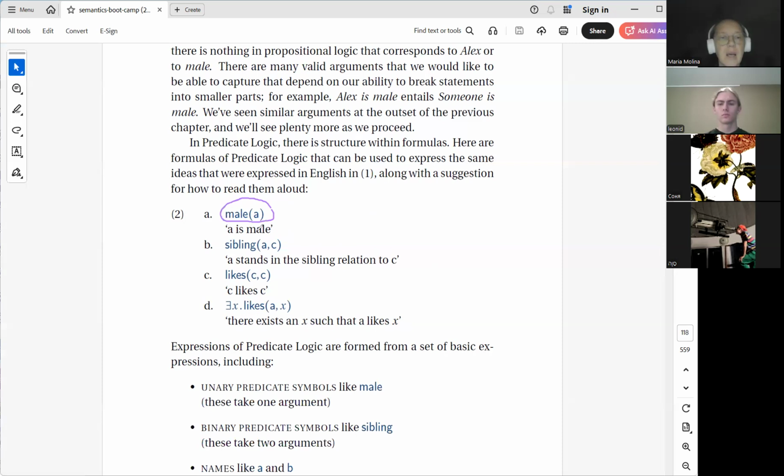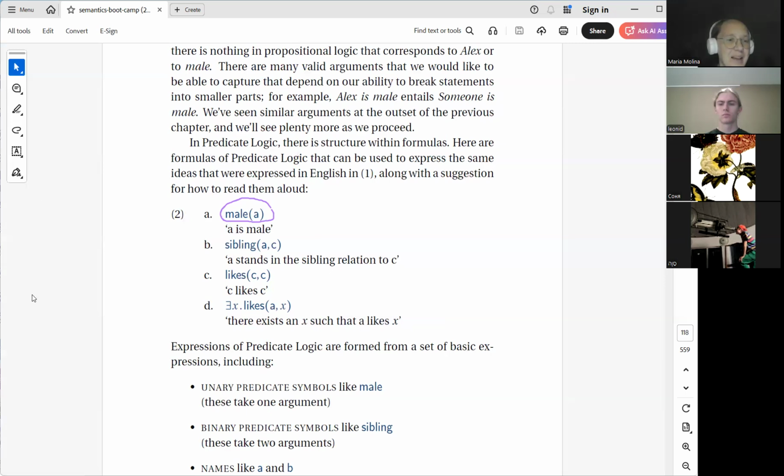Okay? And as we know that Alex is male, it would be male, which takes Alex as its variable. And this gives us male A.